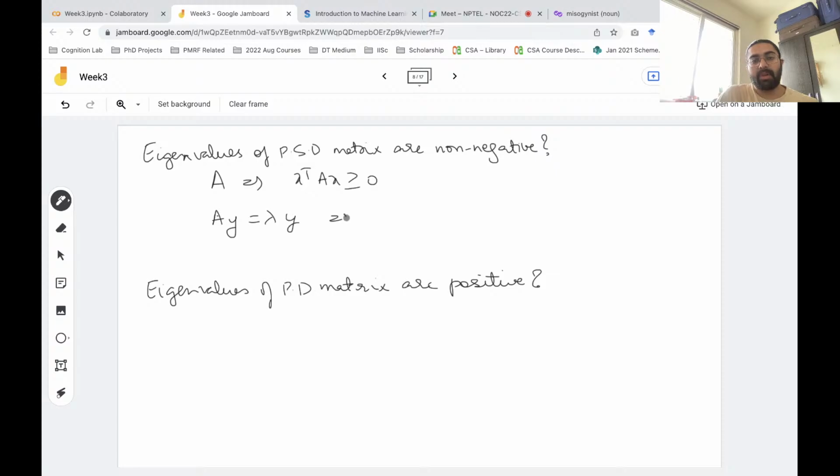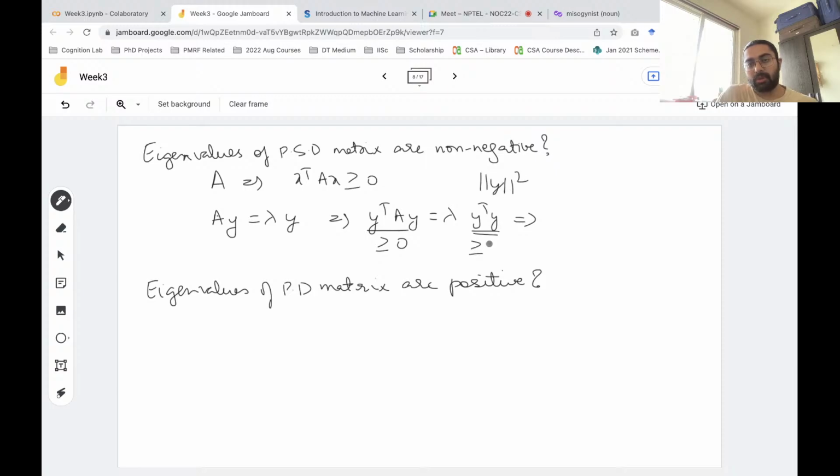What I can always do is write y transpose AY equals lambda y transpose y. Now see, this quantity is greater than or equal to 0, and this is the norm of y squared.